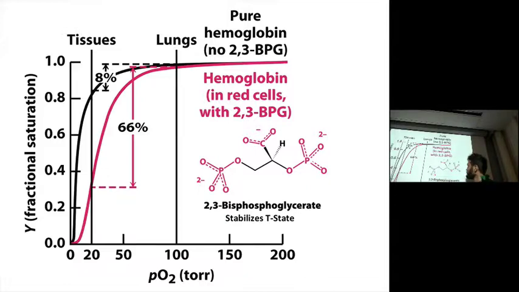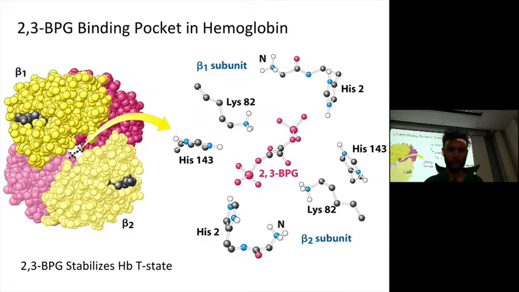So, why? What's happening here? Well, let's go back to our T and R model for hemoglobin. Turns out that 2,3-bisphosphoglycerate is able to insert itself into the donut hole.